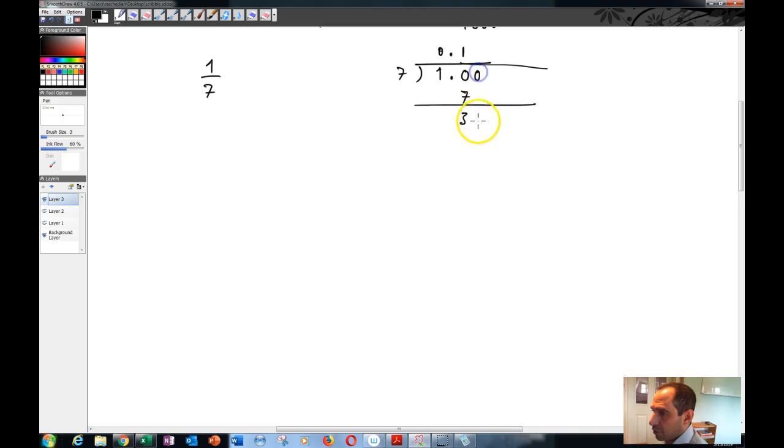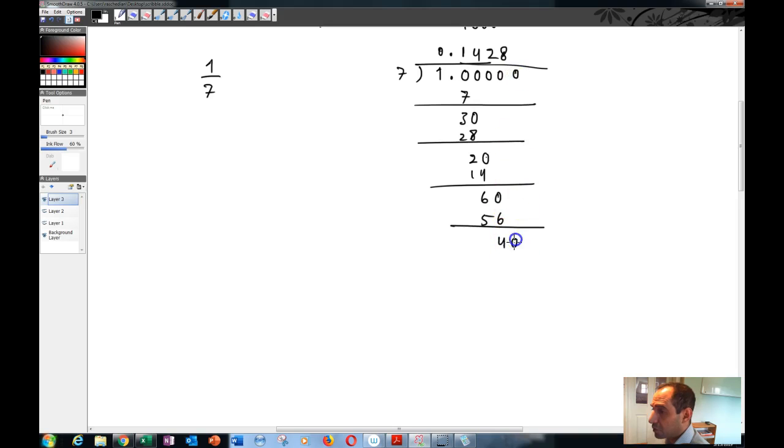Then with another 0, 4 times 7 is equal to 28, and you have a remainder 2. Then 2 times 7 is equal to 14, you have a remainder 6. Then 8 times 7 is equal to 56, and you have a remainder 4.